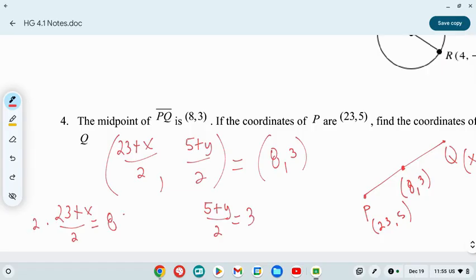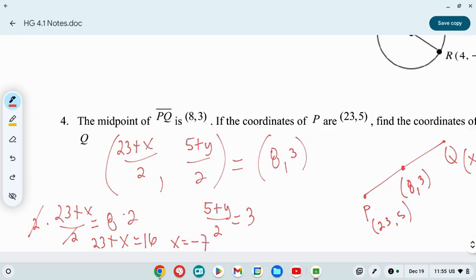So multiply both sides by 2. So I got 23 plus x is equal to 16. And then when you subtract 23 from 16, you end up getting that x has to equal 16 minus 23, which would be negative 7.